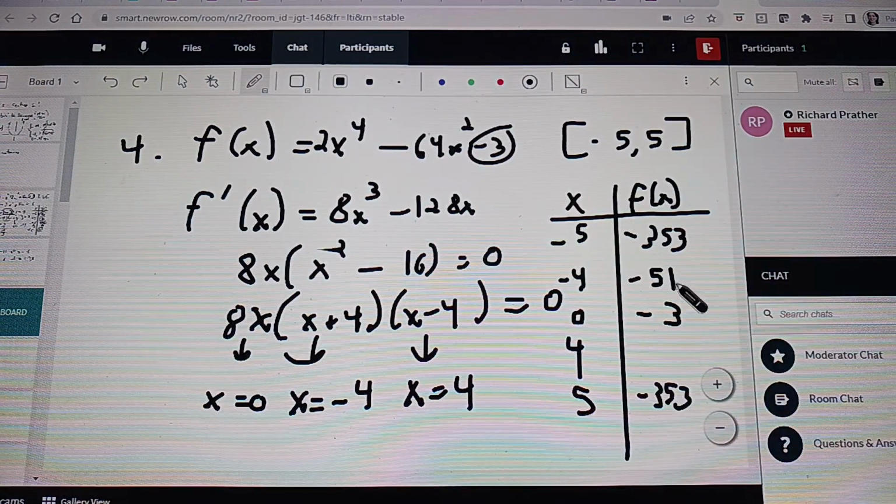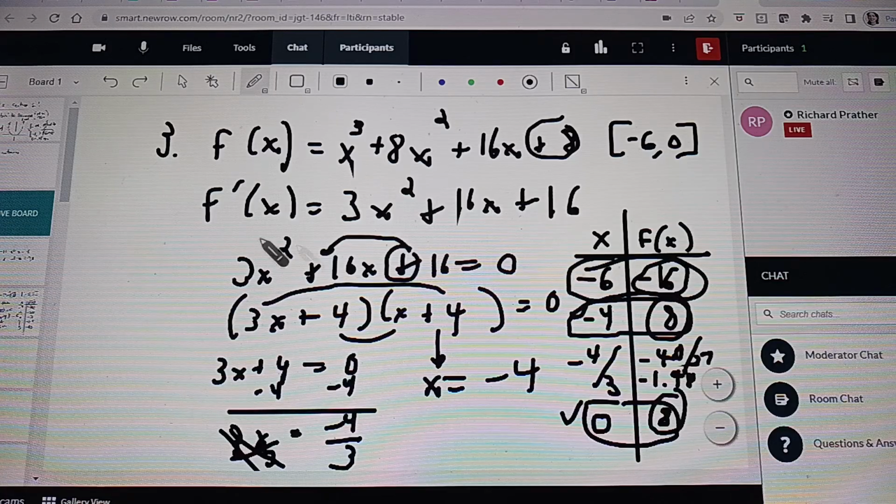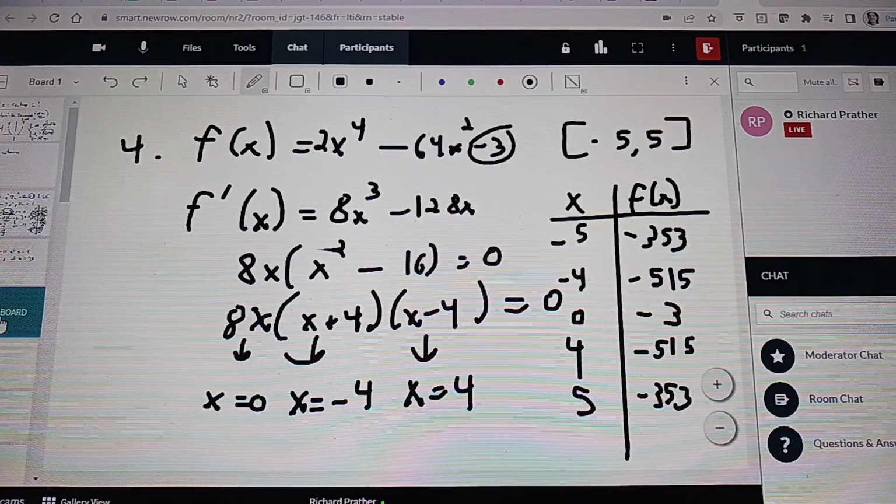So this time the endpoints are not maxes or mins. And it doesn't really matter if you're getting answers from endpoints or critical numbers, but the first time, we had a tie for the maximum at a critical number and at an endpoint. The minimum was at an endpoint, but now neither of the endpoints are anything special.